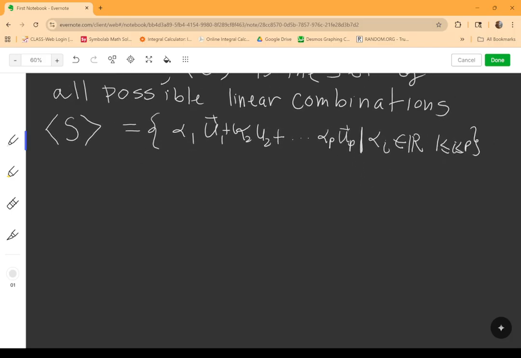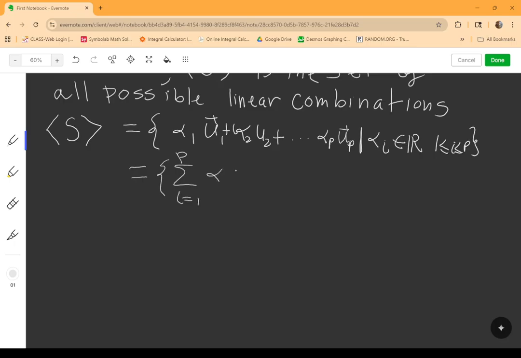So that is the span, and then a compact notation would be using our sigma notation. Okay, so that's the notation that we use for the span.